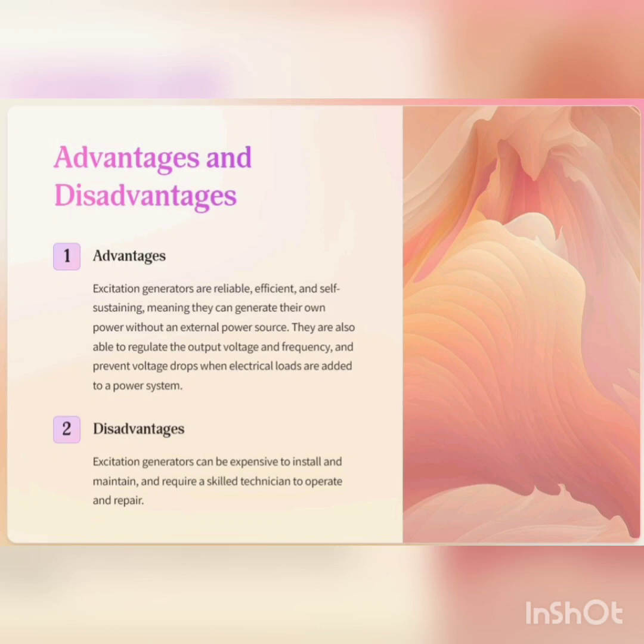They are also able to regulate the output voltage and frequency and prevent voltage drop when electrical loads are added to a power system. Disadvantages: excitation generators can be expensive to install and maintain and require a skilled technician to operate and repair.